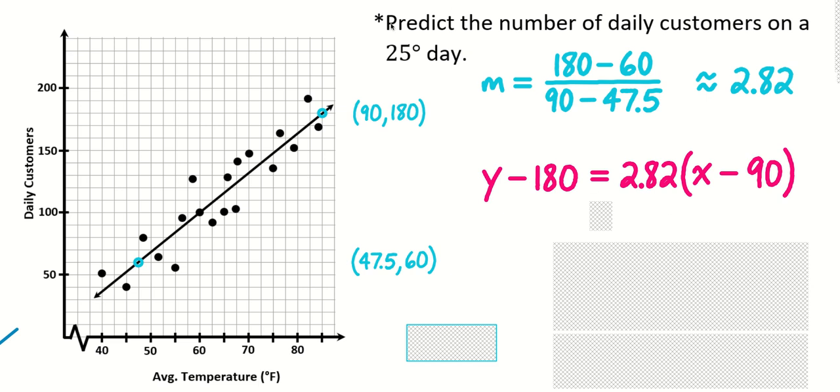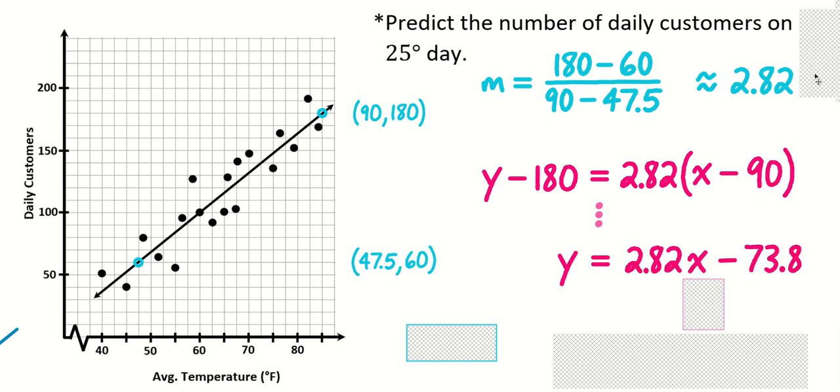Okay, and again, I'm thinking ahead to plugging in my 25 to make this prediction. So here we'll fast track it. If I distribute the 2.82, clear the bubble, and then I add 180 to both sides to get the y by itself. I think, and again, I hope I'm not making any mistakes here in this video for these notes.